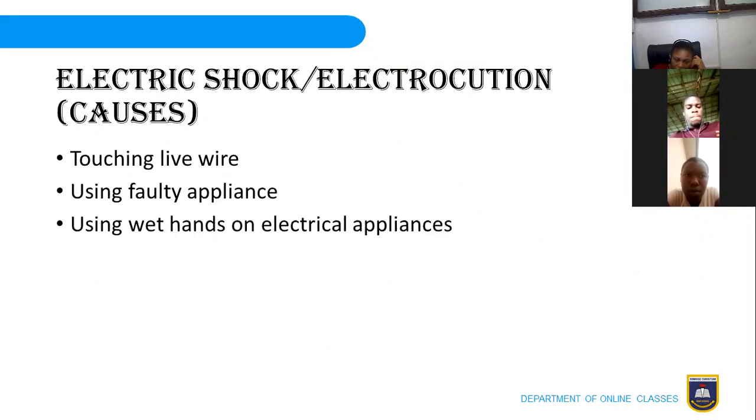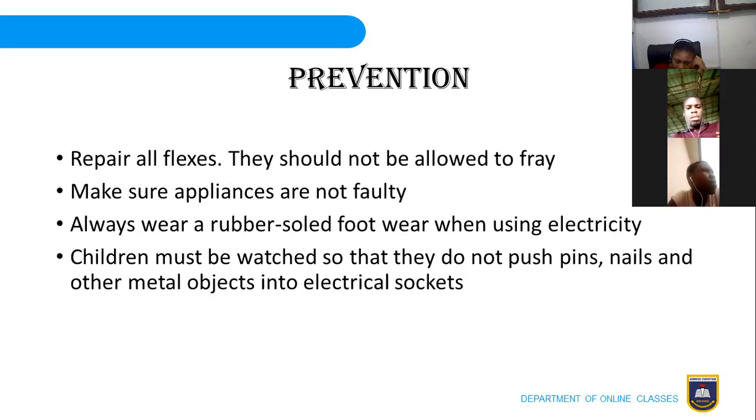Then we spoke about electric shock or electrocution, and we gave some of the causes as touching live wires, using faulty appliances, and using wet hands on electrical appliances. And we came to prevention, how to prevent electric shock. We said you should always wear rubber-soled footwear when you are handling electrical appliances.